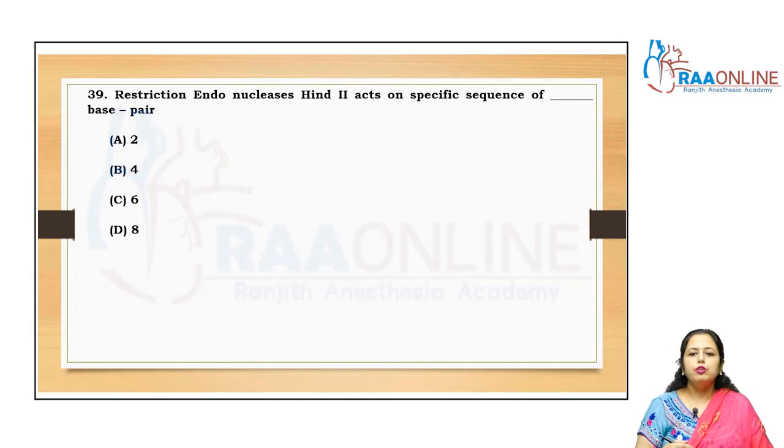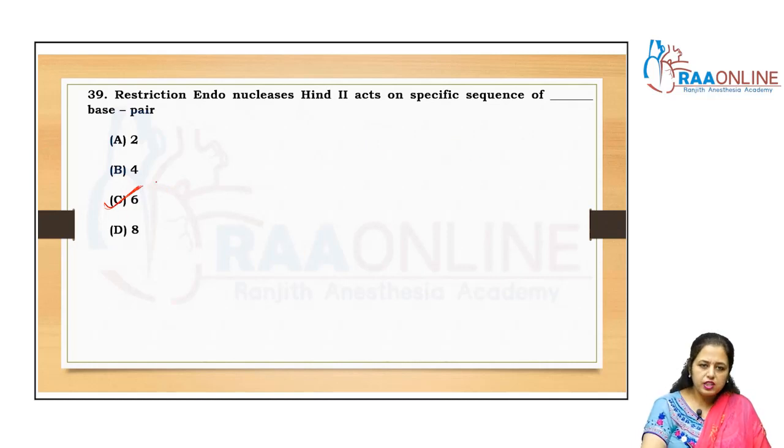The restriction endonuclease HindII acts on a specific sequence of 6 base pairs. This is also a direct question. That's why we say GAATTC and all these things. These act on a specific sequence of 6 base pairs.